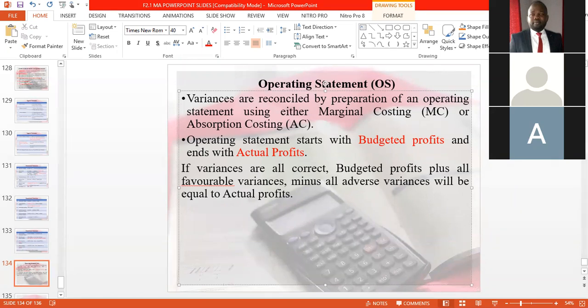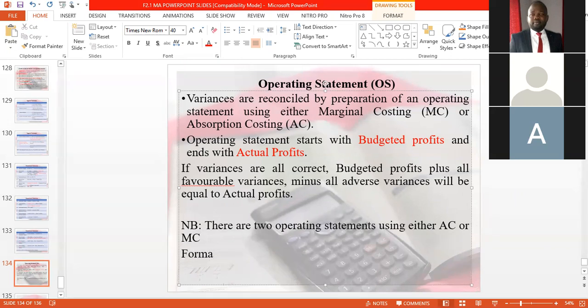Now, remember, there are two operating statements, using either AC or MC.